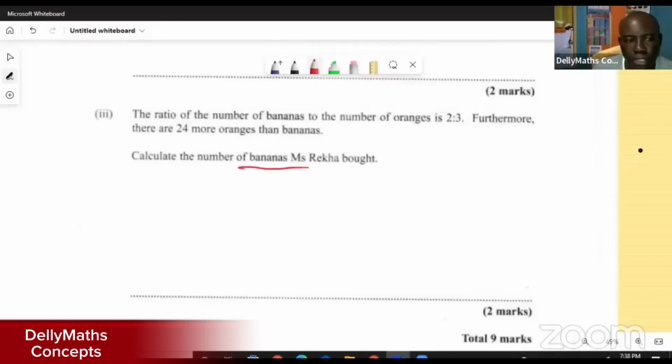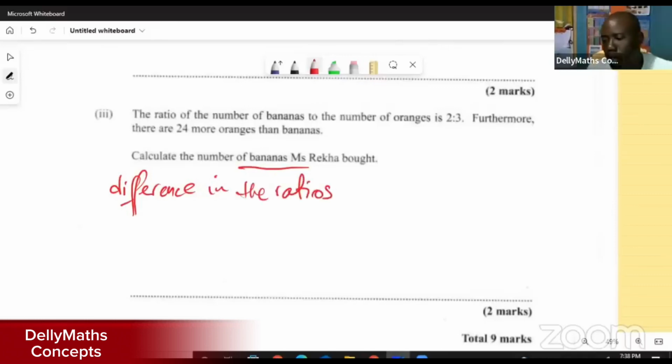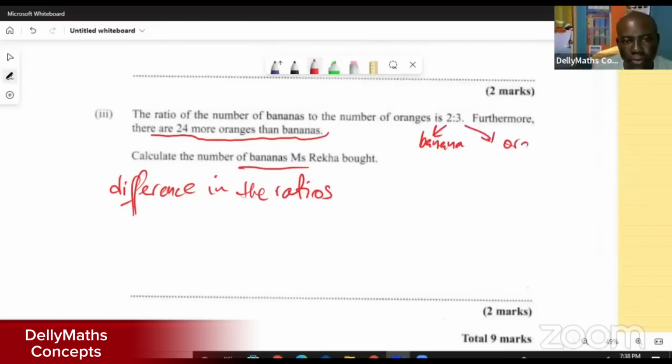I'm going to use what is called the difference in the ratios, because the clue is that there are 24 more oranges. So remember though that 2 is for banana and the 3 is for orange. We are told that there are 24 more orange.